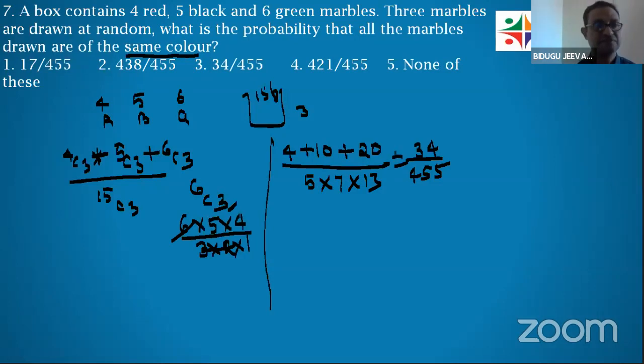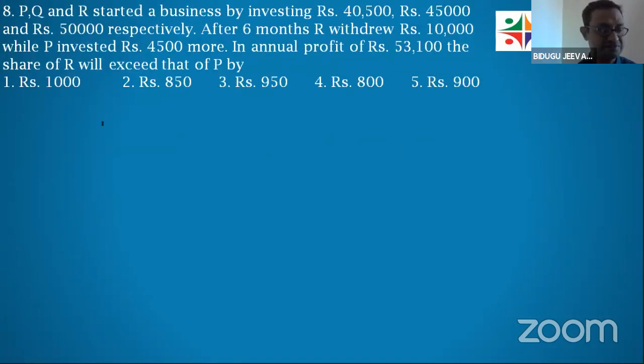Question number 8. P, Q, R started a business investing rupees 40,500, 45,000 and 50,000 respectively. I think this problem comes under partnership.